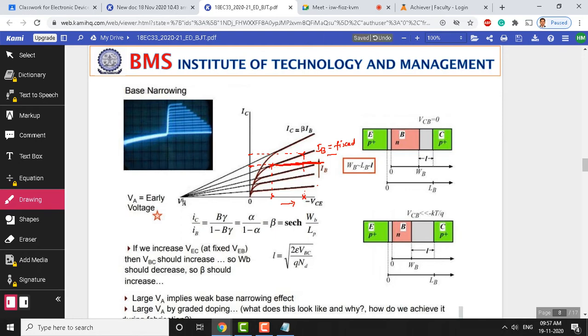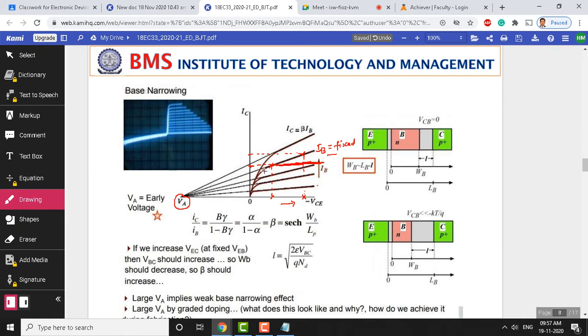And now, observe this point, early voltage. Whenever there is a finite amount of slope like this, as you are seeing 5 to 10 degree variation for each of these base current curves, if you project all these things to the second quadrant of the characteristics.